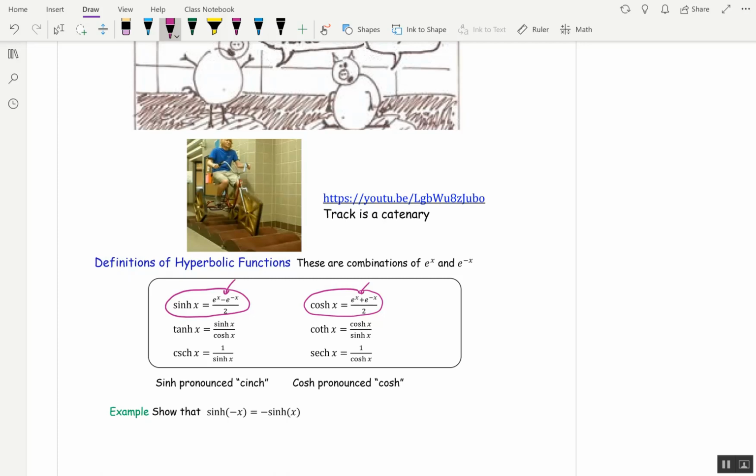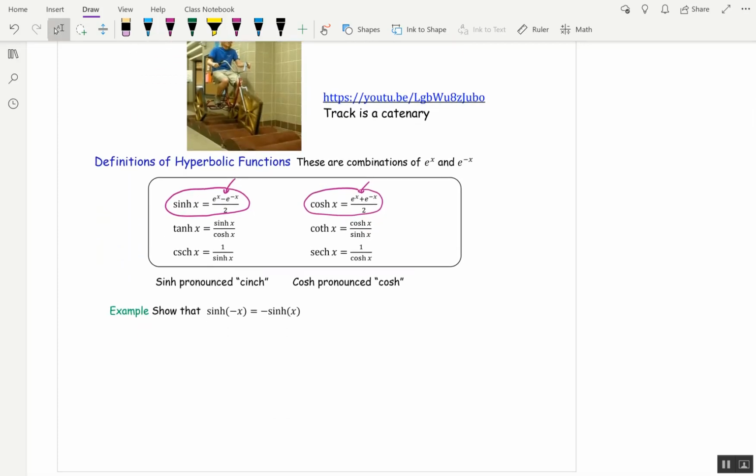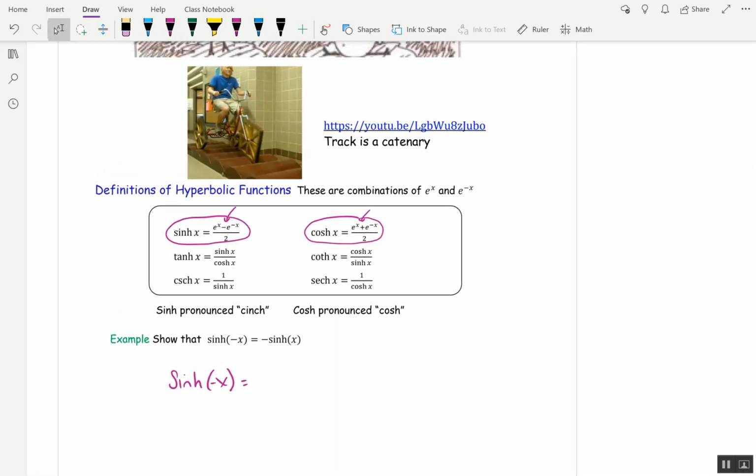Okay, so let's look at what we can do with these functions. First of all, let's show that sinh is odd. Just like sine is odd, sinh is odd too. So the only way we're going to be able to do this is to look at the definition. Sinh of negative x is, everywhere in this formula that I see an x, I'm going to put in a negative x.